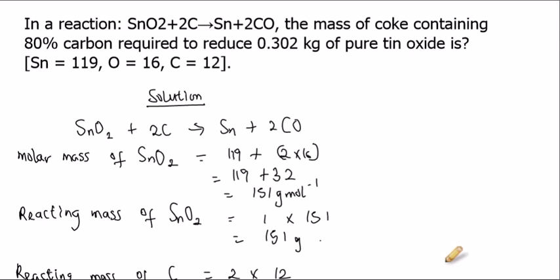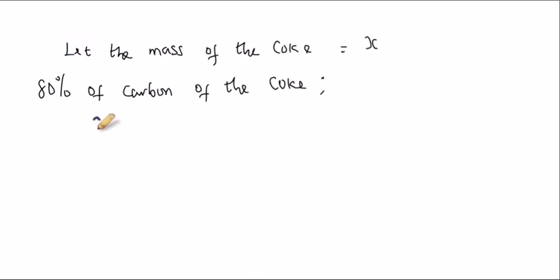To do this, we'll let the mass of the coke be an unknown X. So from there, we'll represent the value for carbon, and we'll be able to determine the mass of the coke. So let the mass of the coke be X. 80 divided by 100 multiplied by the mass of the coke equals 48 grams. That is the mass of carbon present in the coke.